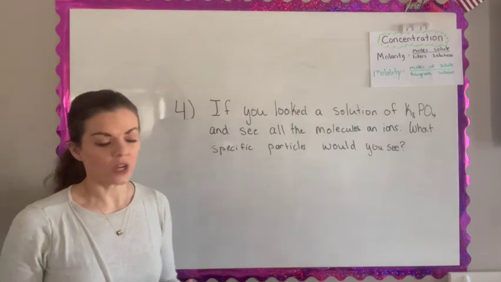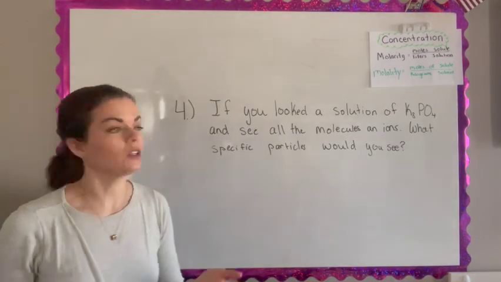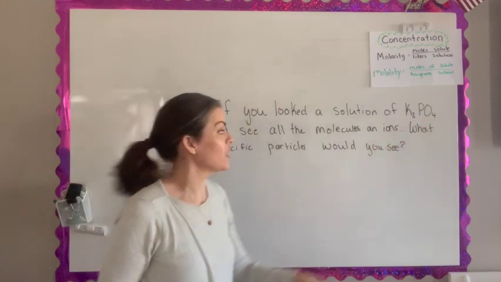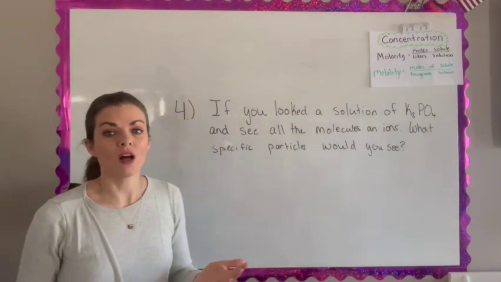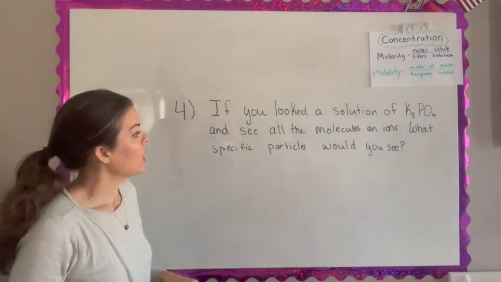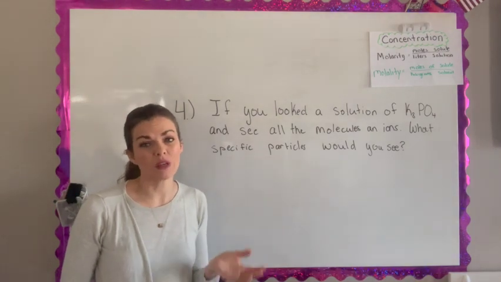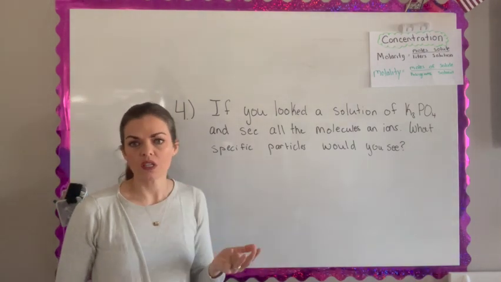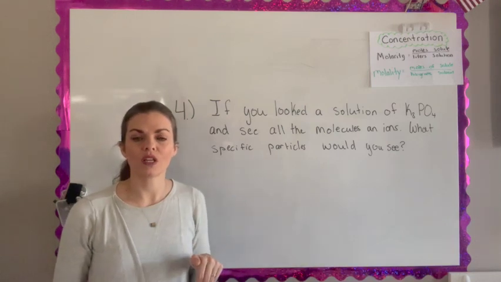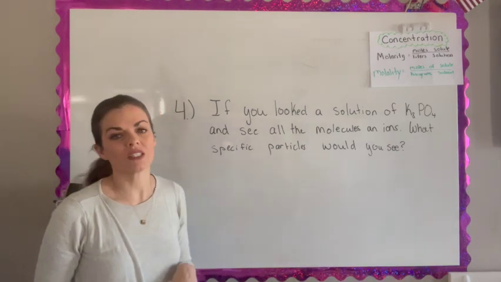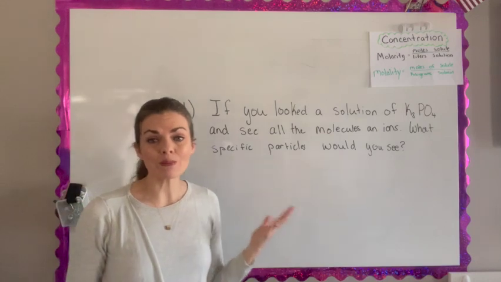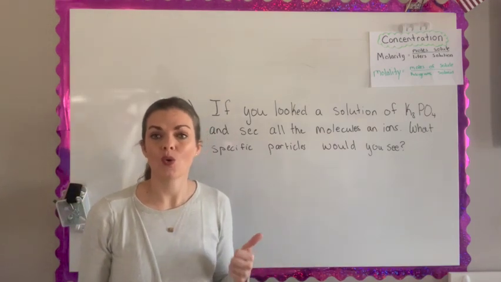The 4th question says, if you looked at a solution of potassium phosphate and you could see all the molecules and ions, what specific particles would you see? The first thing is that we have a liquid and it's aqueous, so we're going to be dissolving powder in it. What does this do when it gets into solution? I'm going to ask myself first, is this ionic or is it covalent?